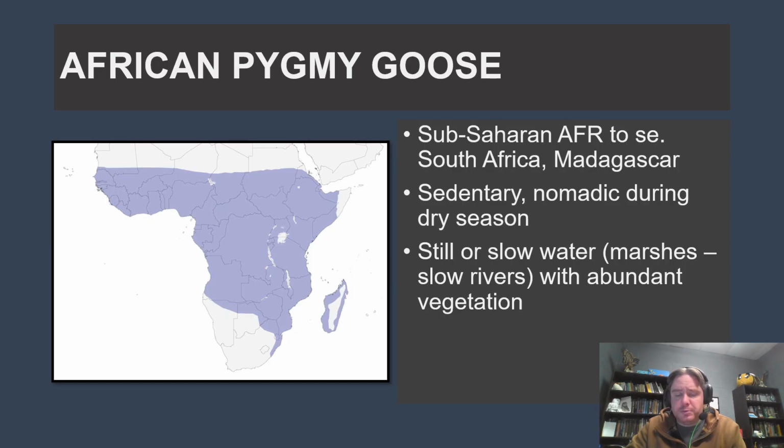This is a species of sub-Saharan Africa, basically all of sub-Saharan Africa, south to Madagascar and extreme southeastern South Africa. So anytime you are looking at a distribution map of Africa and you see a line that moves horizontally in this region, the limiting factor of the northern part of the range is the Saharan desert up here.